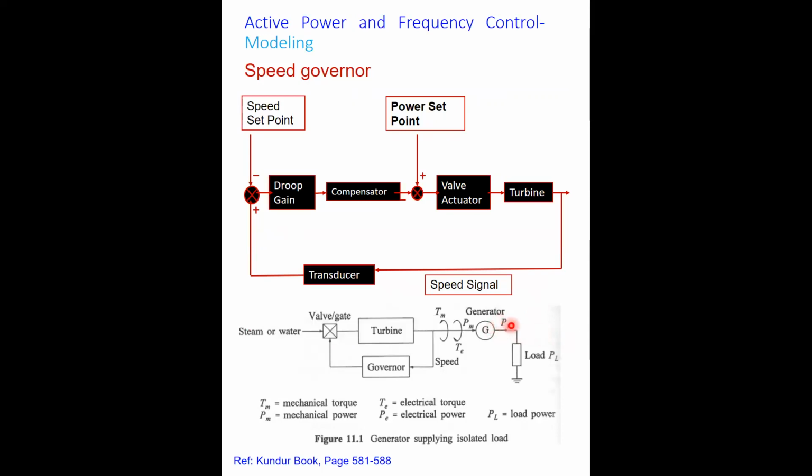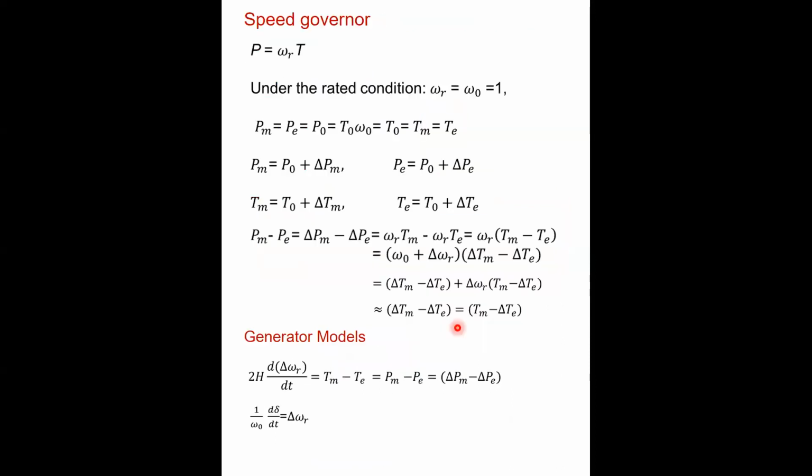So PE refers to the electrical power from the generator output, and thus we can say the load here. But the mechanical power is from the turbine side here, the turbine mechanical torque or the mechanical power. And thus the difference between the electrical power and the mechanical power on this side. So you have this one, and then the change in the power on the two sides.